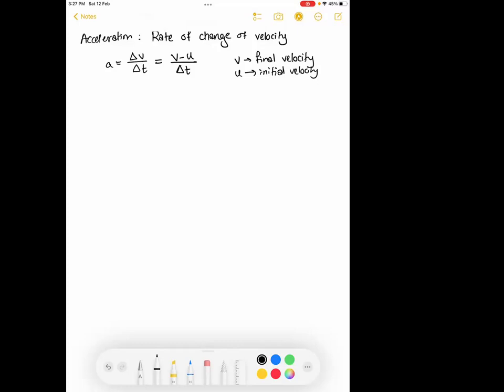Okay, now we are going to start with the graphs. There are multiple graphs that you'll be studying in this chapter. Number one graph is the distance versus time graph. So let's start with that.